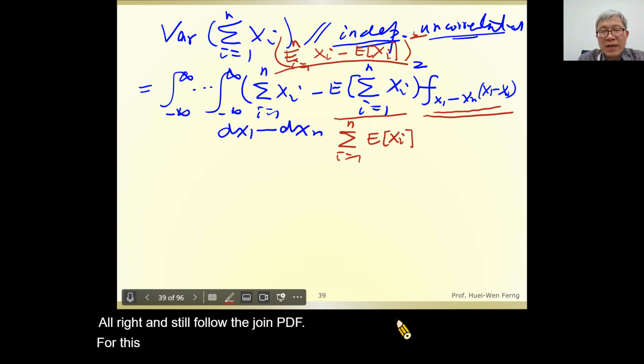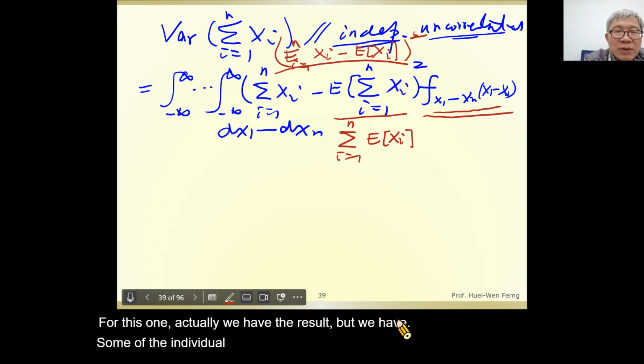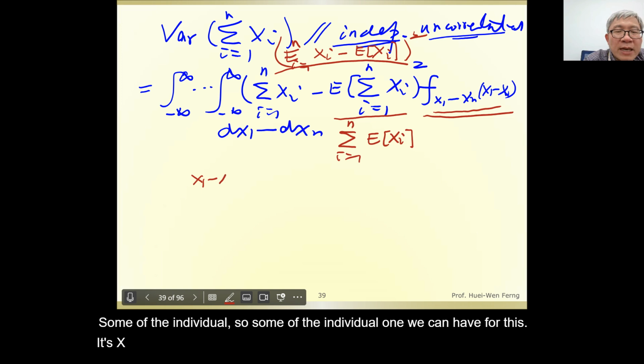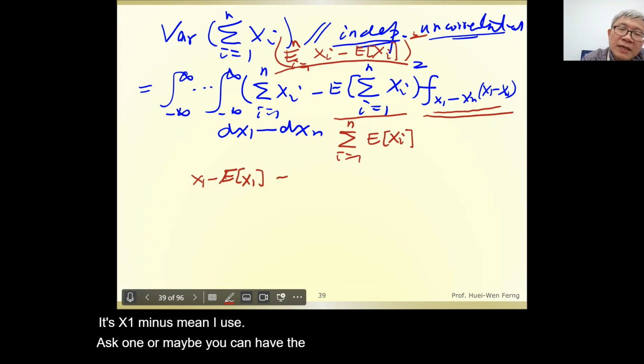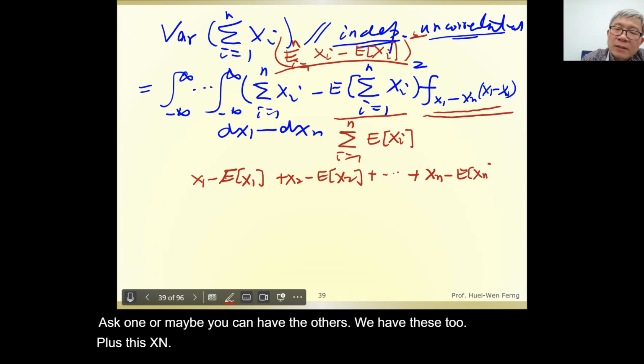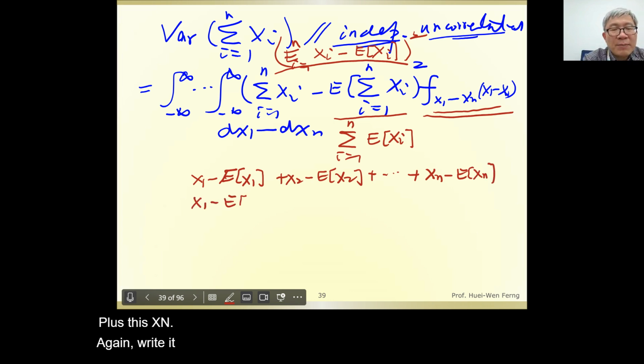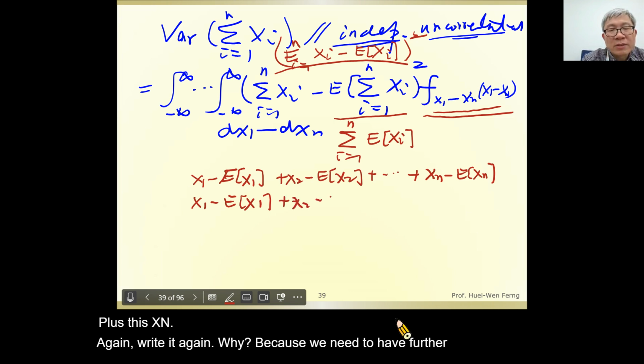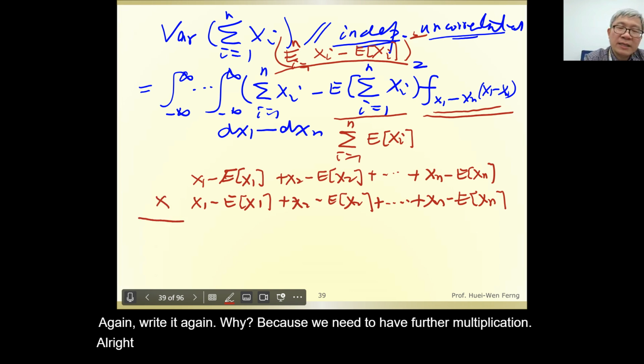For this one, we have the sum of the individual terms: X1 minus its mean, plus the others, up to plus Xn minus its mean. Again, I write it again because we need to have the multiplication, since it is squared.